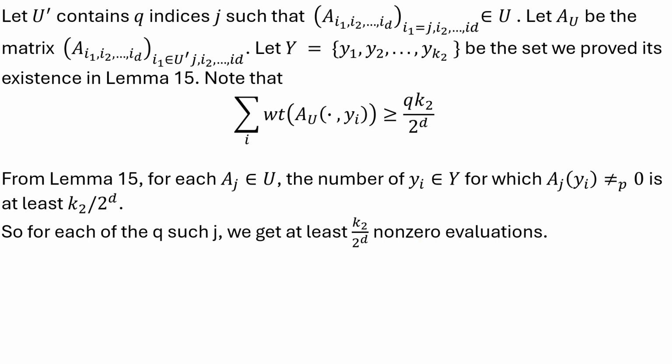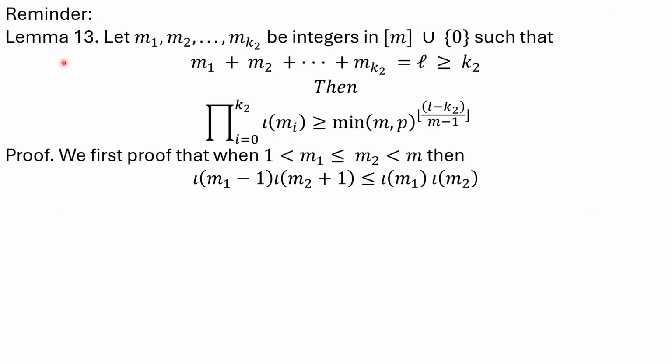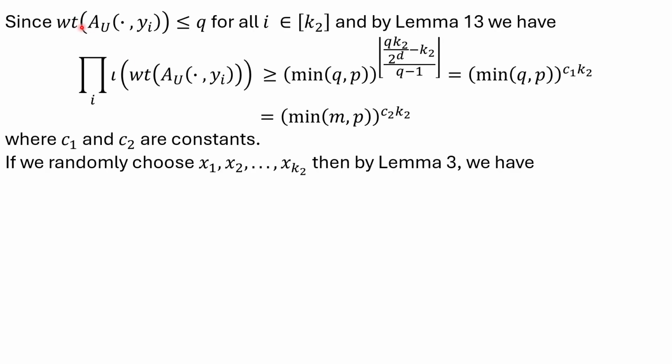I have a reminder for lemma 13 because we're going to use it in the next slide. Since the weight of AU is less than Q for all I in K2, and by lemma 13 we have, if we go over the multiply of L of the weight of AU, it's greater than the minimum of QP to the power of QK2 divided by 2 to the power of D minus K2 divided by Q minus 1.